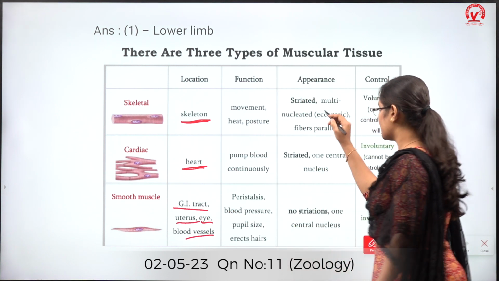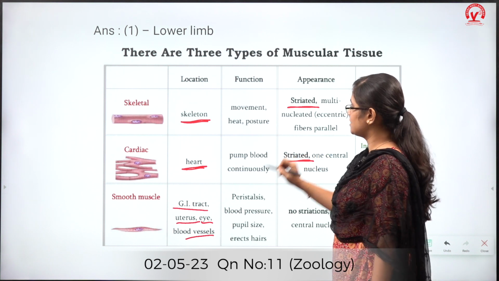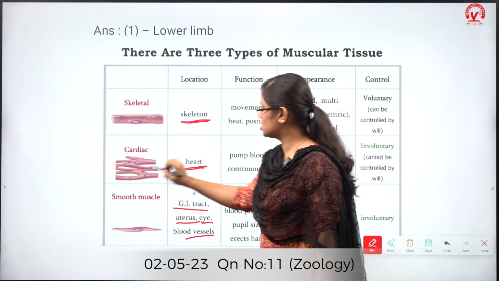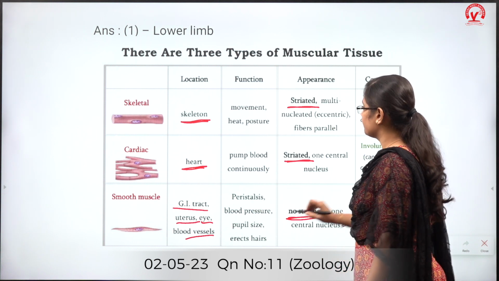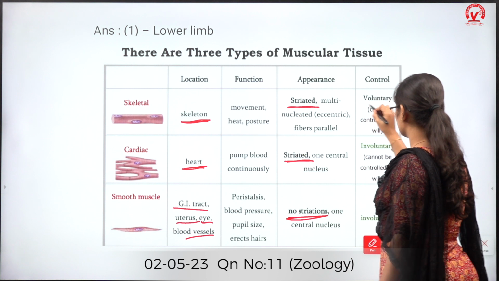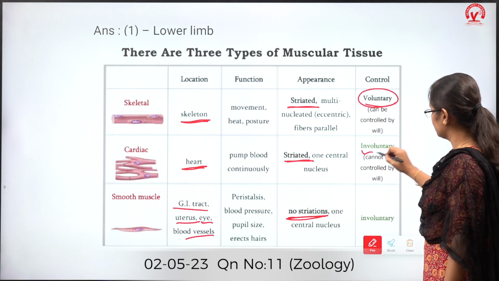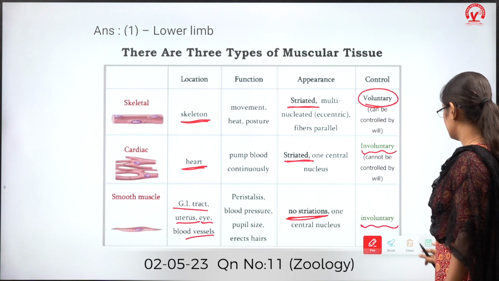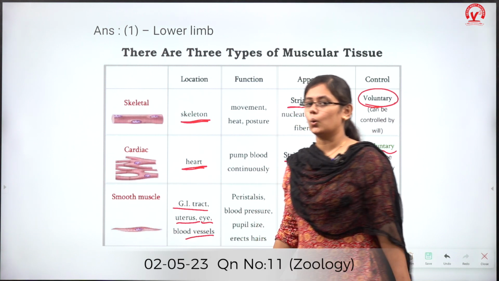The skeletal muscles are striated, cardiac muscles are striated and branched, and smooth muscle has no striations. So, skeletal muscles are voluntary, whereas the cardiac and the smooth muscles are involuntary. So, for this question the correct option will be option 1, lower limb.